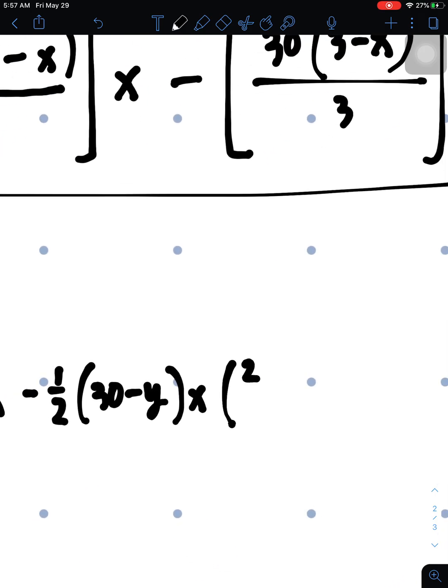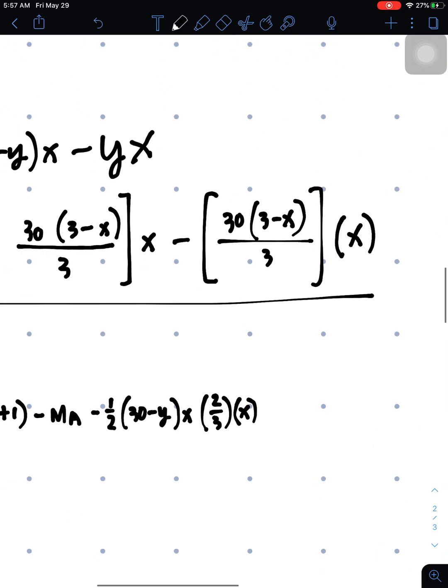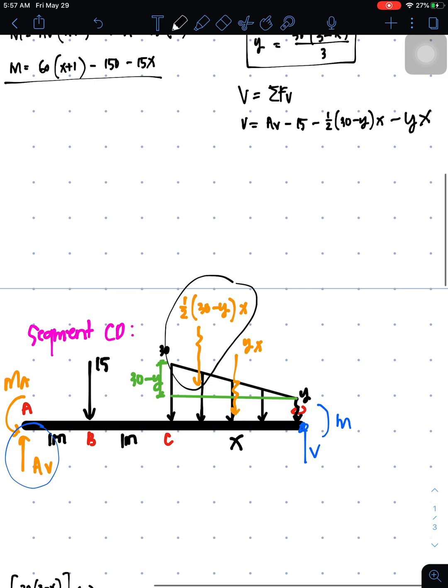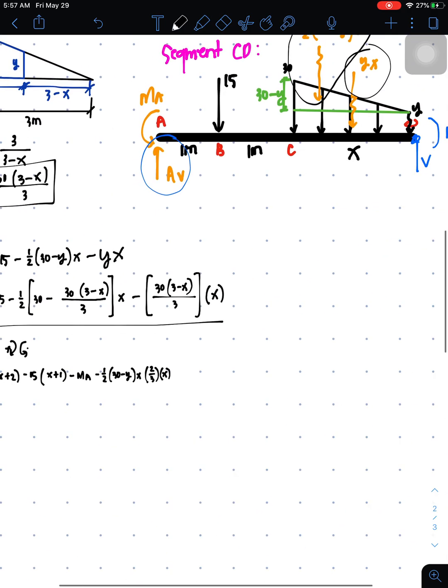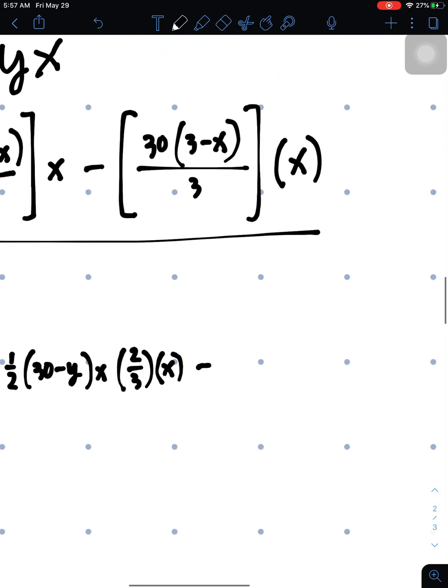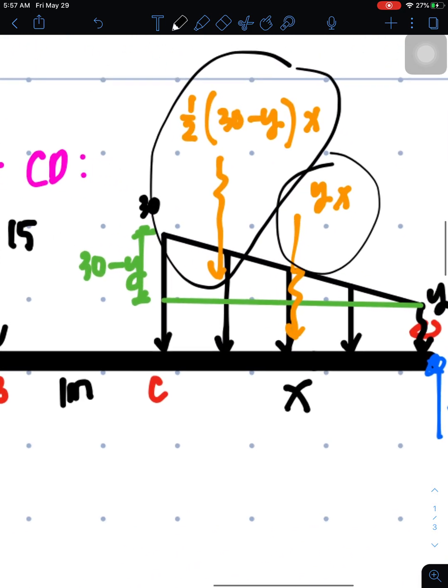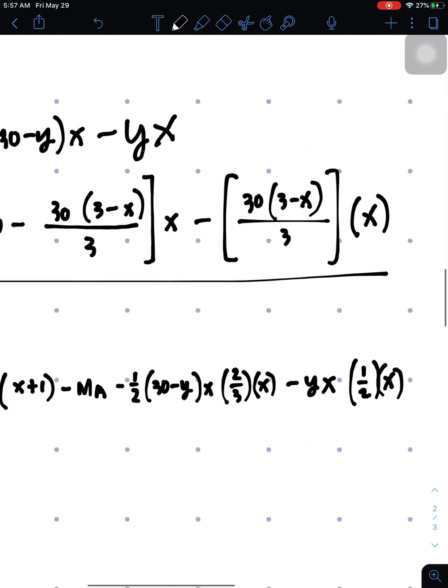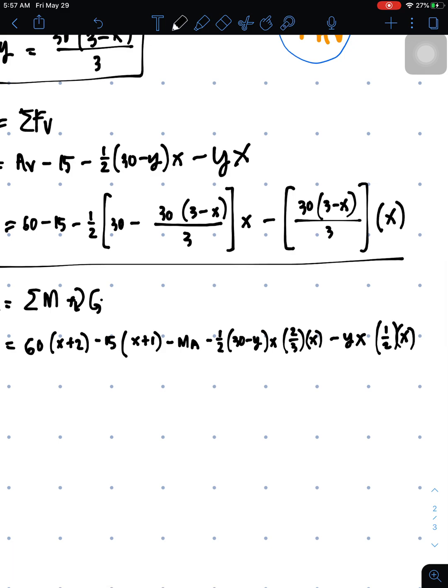So to be multiplied by 2/3 of x. And then for the last one here, y times x. So minus y times x times 1/2 of x. Okay, uniform distribution naman siya.